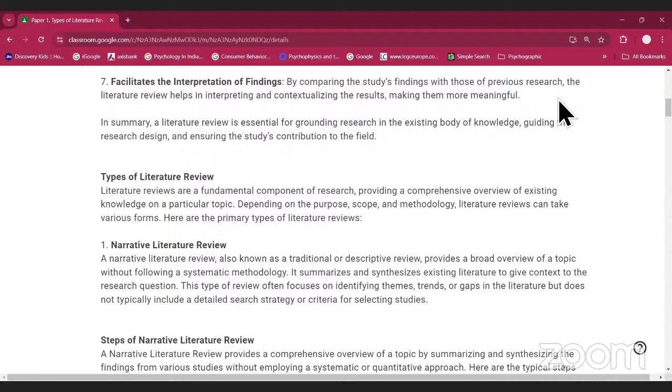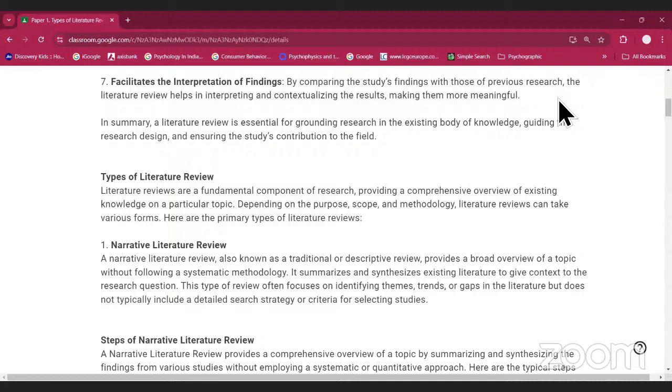A narrative literature review, also known as a traditional or descriptive review, provides a broad overview of a topic without following a systematic methodology. It summarizes and synthesizes existing literature to give context to the research question. This type of review often focuses on identifying themes, trends, or gaps in the literature, but does not typically include a detailed research strategy or criteria for selecting studies.